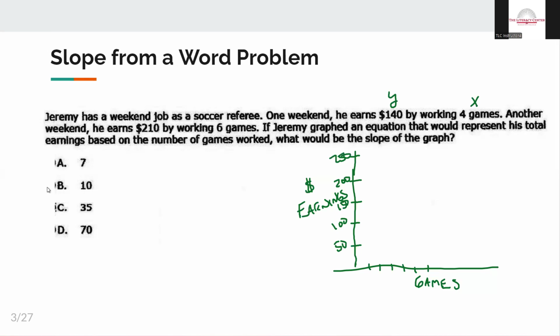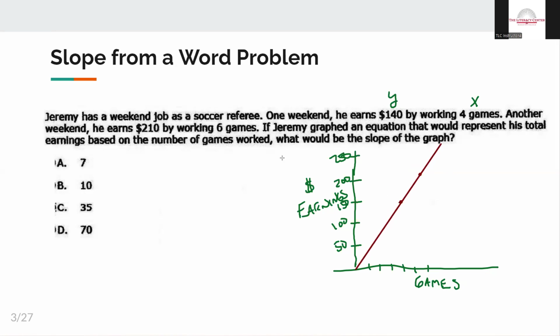So let me plot a few points there crudely. 4 games, 1, 2, 3, 4. He was going to make a little bit less than $150. 6 games, he's going to make a little bit more than $200. So now you can see that our line, if I tried to draw one, might look like this. And we are trying to figure out the slope of that.